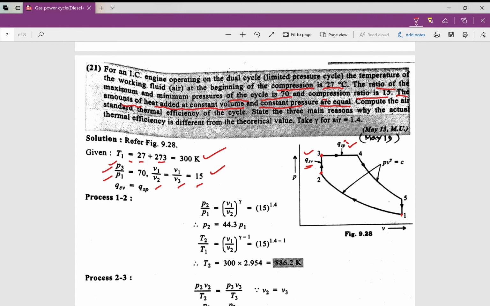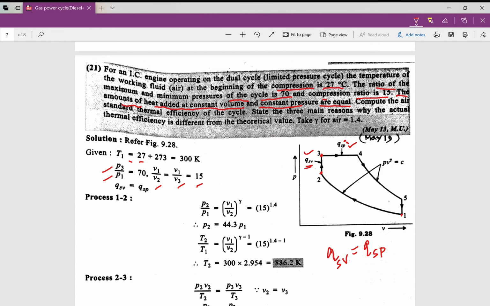So the problem says that both values are the same, Q_SV equal to Q_SP. In fact, in an actual case, this Q_SV should be more than Q_SP to get a better result for a dual cycle.